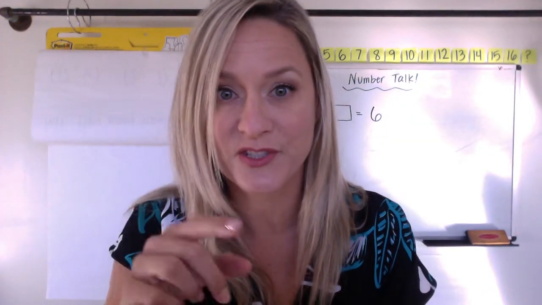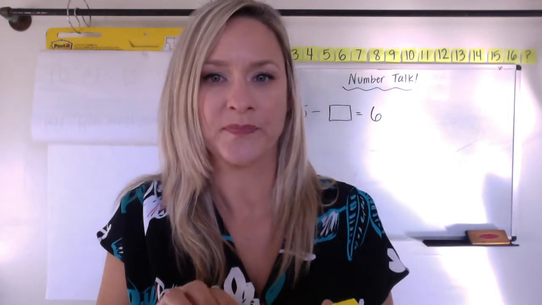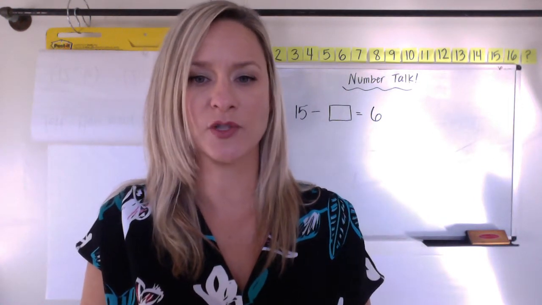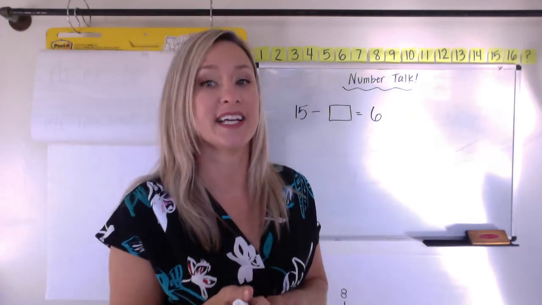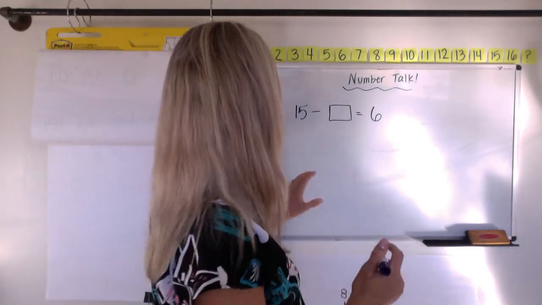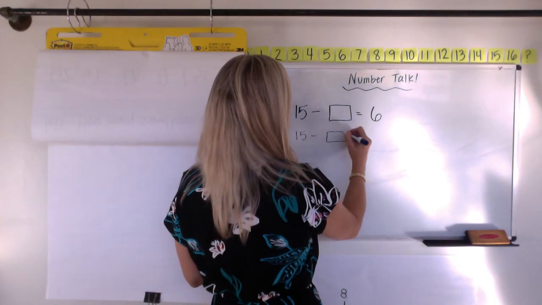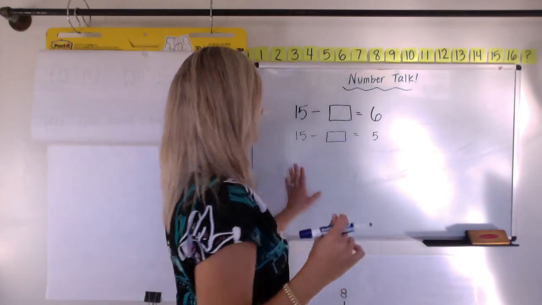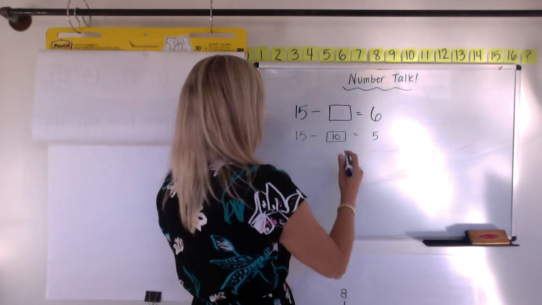Okay, did you find your strategy? Did you do it in your brain? All right, so maybe some of you thought about relating the fact that you knew 15 minus something would make something close to 6. So maybe you thought about 15 minus what number would get you 5, because you would know that that would have to be 10, right?